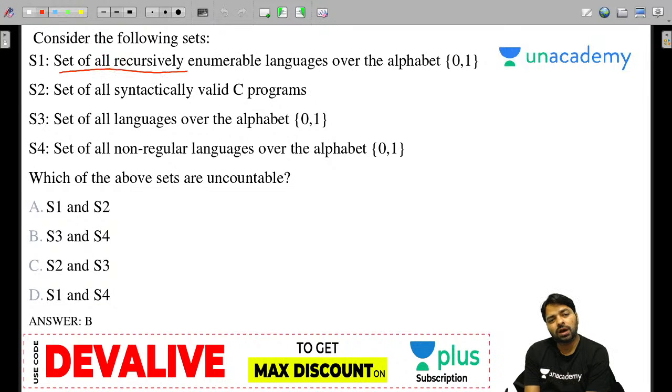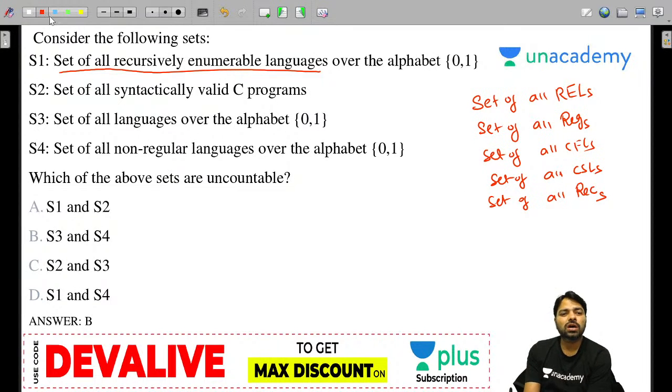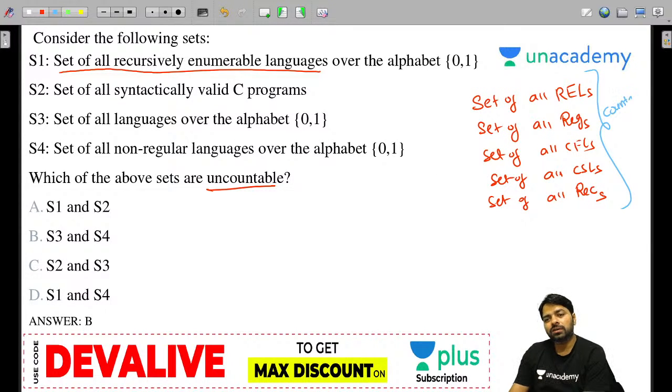Set of all REs, guys, you know, set of all REs over any sigma, and not only this, set of all regular languages, set of all CFLs, set of all CSLs, set of all recursive languages, all are countable, guys. He's talking about uncountable. So these languages are countable, all are countable because they can be enumerated.